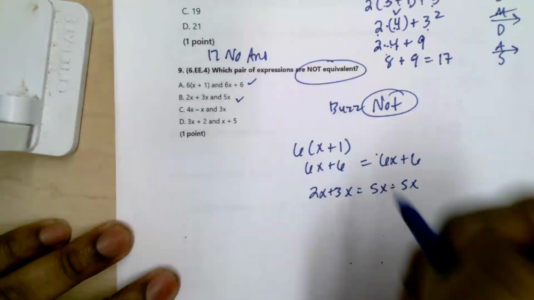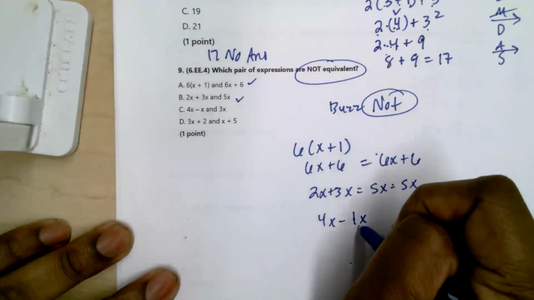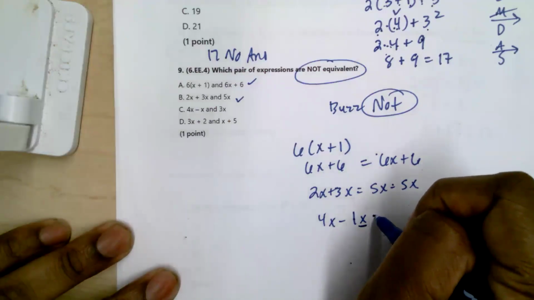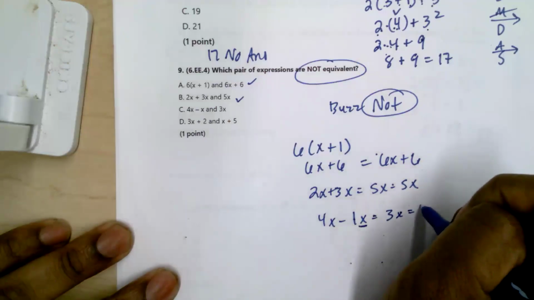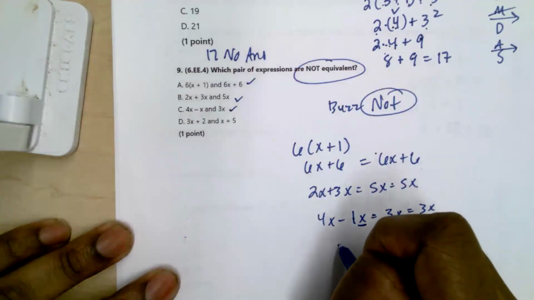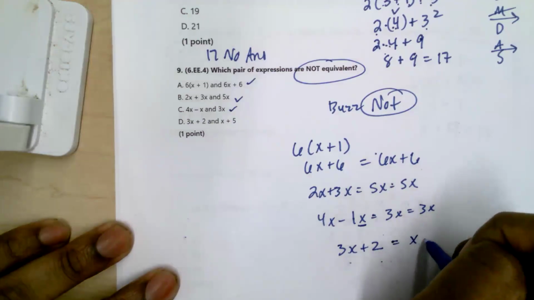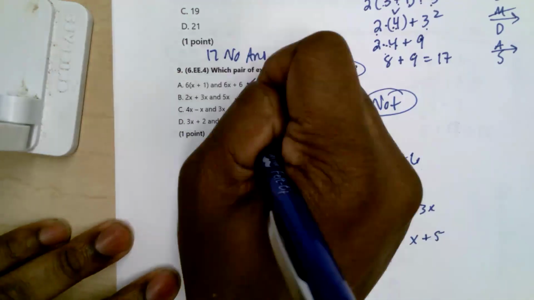So that's good. And then 4x minus 1x, because anything by itself is 1, equals 3x equals 3x. So that's good. And 3x plus 2 and x plus 5. Oh, D is wrong.